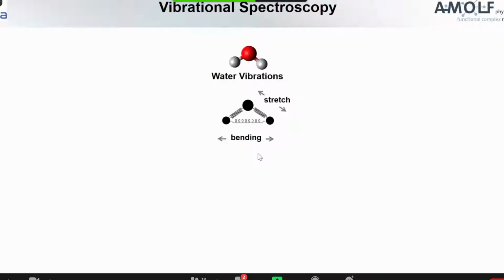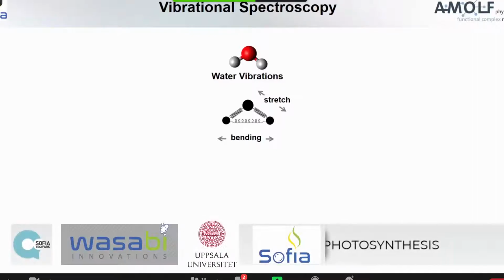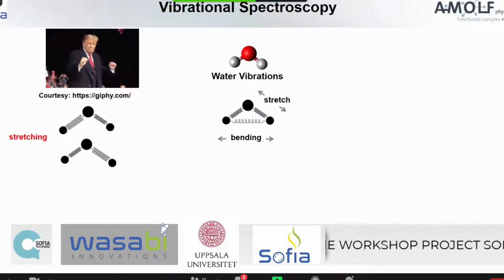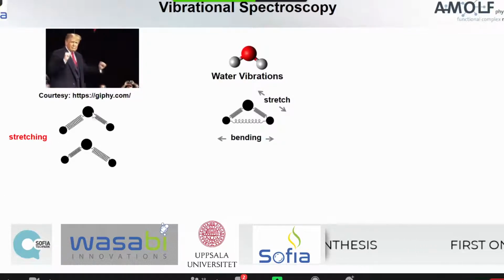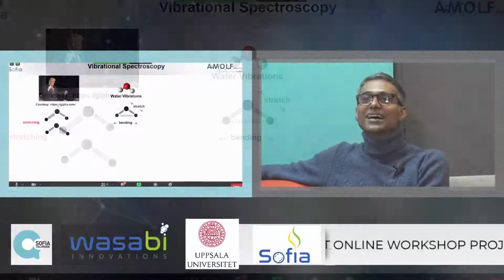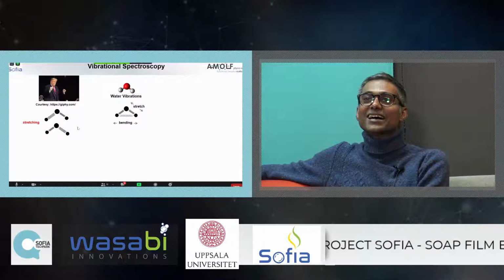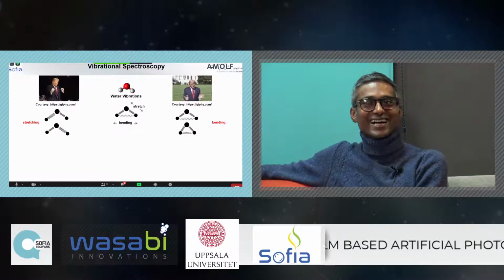If this was a real conference or talk, I would have been able to physically show you what I mean by stretching and bending modes. But scientists look at these stretching modes of atoms as if they're attached by a spring, doing this kind of motion. Or in a bending mode, it is like this.